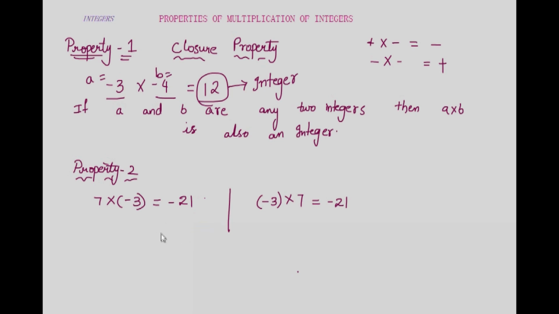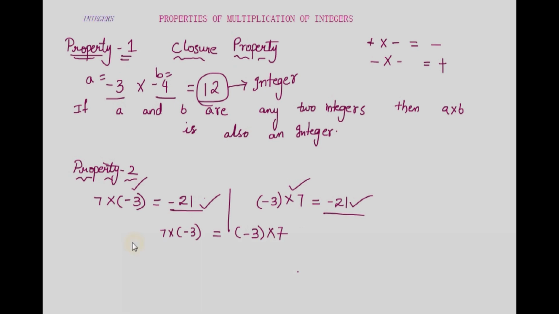So, we can write like this: 7 into -3 is equal to -3 into 7, because here we got both same answers, -21, -21. So, these both will be equal. 7 into -3 is equal to -3 into 7.